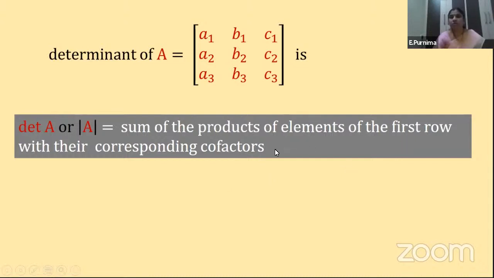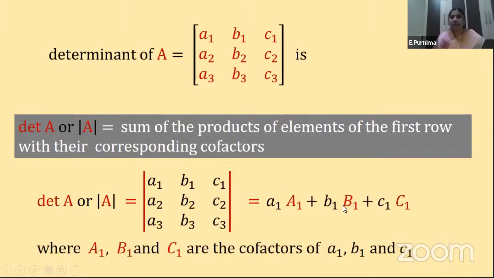Okay, so what is the determinant of A? It is denoted by det A, or this one. This is the symbol for determinant A. The determinant is always written in vertical lines, children: a1, b1, c1. It is given by a1 into A1 plus b1 into B1 plus c1 into C1, where capital A1, B1, C1 are the cofactors of the elements in the matrix.